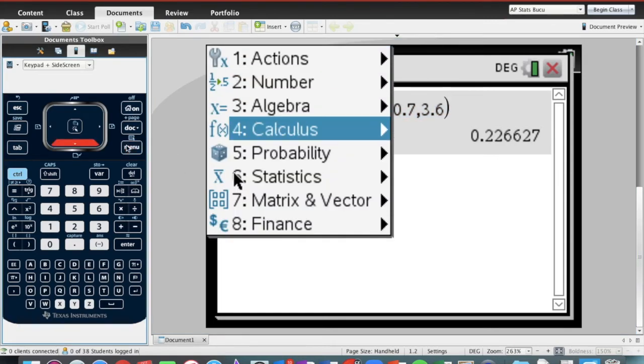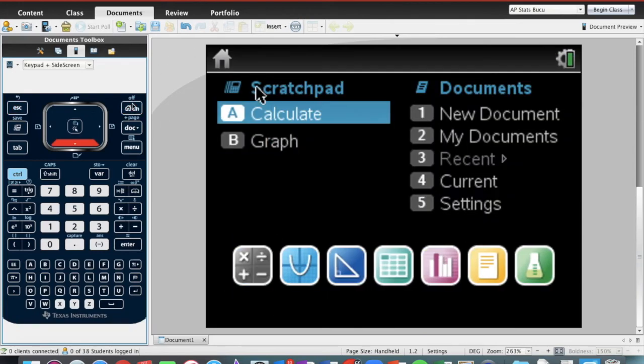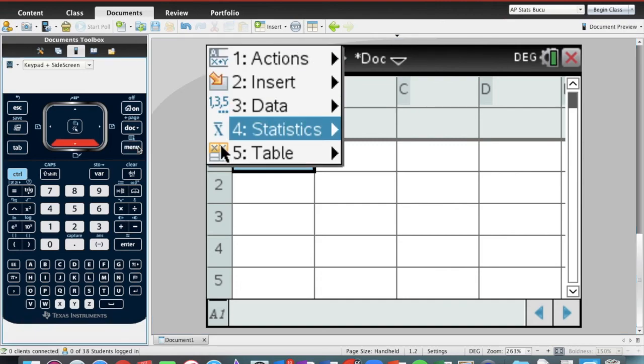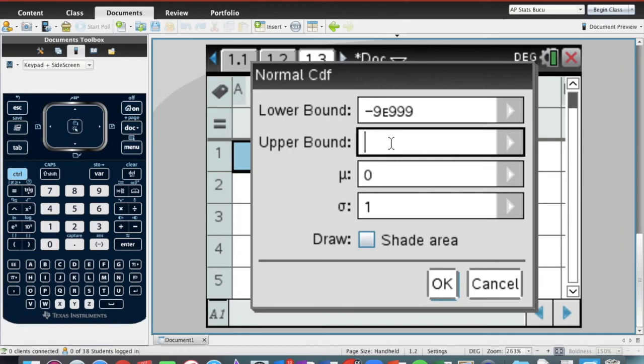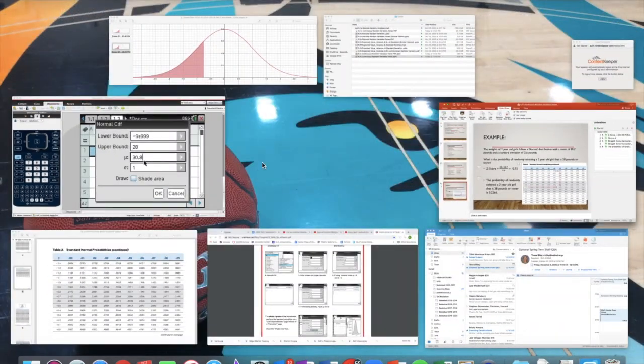Similarly, we can show the graph that goes along with this in a similar fashion. Again, this time I'm going to change it to the numbers in question without using a z-score. 30.7 and 3.6.